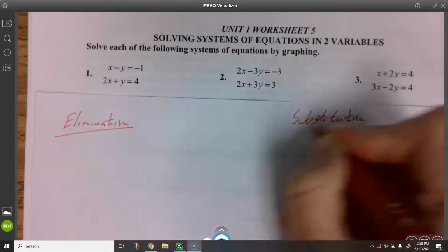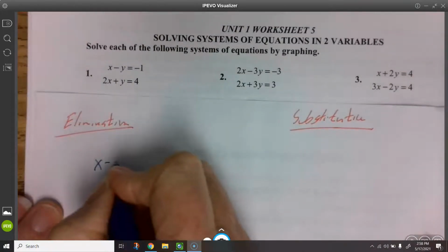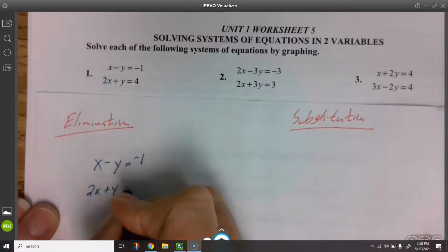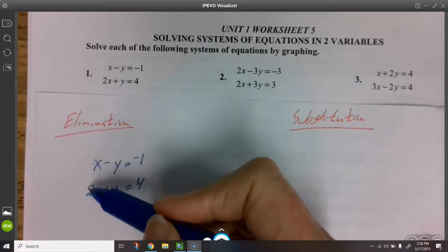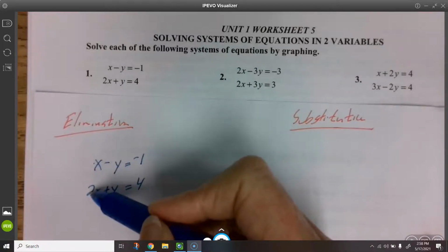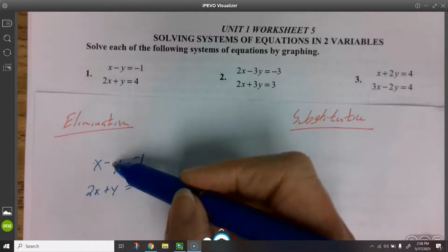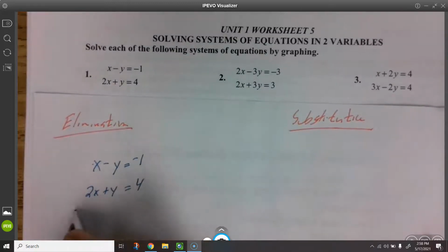Okay, so if I'm going to solve by elimination, this one is so easy by elimination, it's not even funny. You want to find one of your coefficients. So here my coefficient is 1, here's coefficient 2. If one of my coefficients is the same number with opposite sign, I can just add. See how this is a negative 1 and that's a positive 2? So on this one, I can just add.